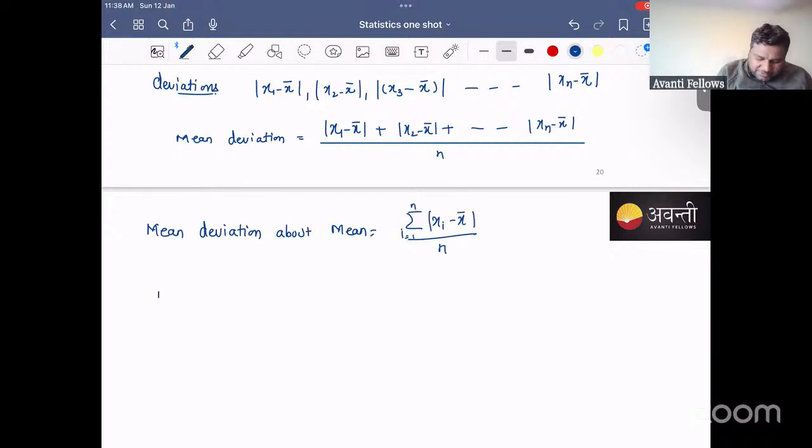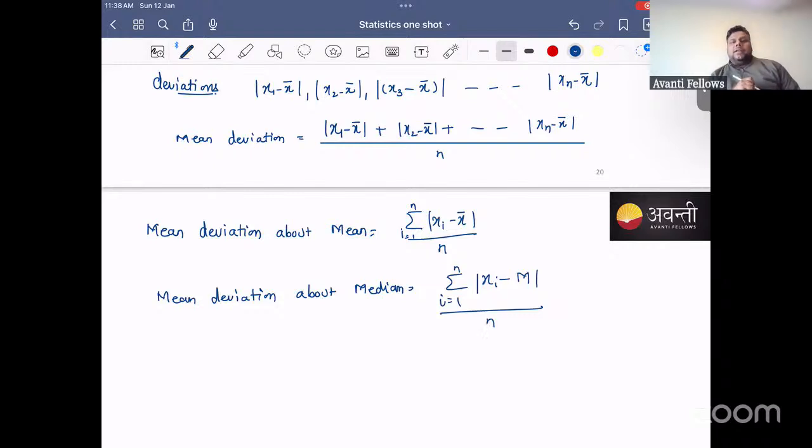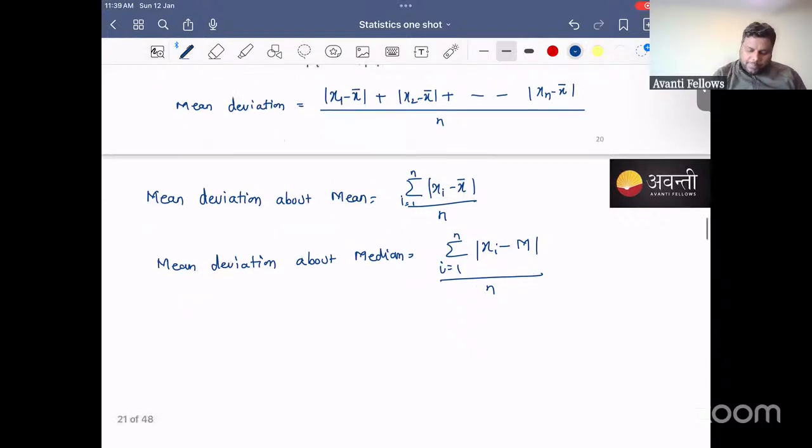And then there comes mean deviation about median, that is sigma i from 1 to n mod of xi minus M whole divided by n. So in mean deviation about mean we see the deviations from the mean. In mean deviation about the median, we see the deviations about the median. And similarly, there is mean deviation about the mode, where we see the deviations from the mode.